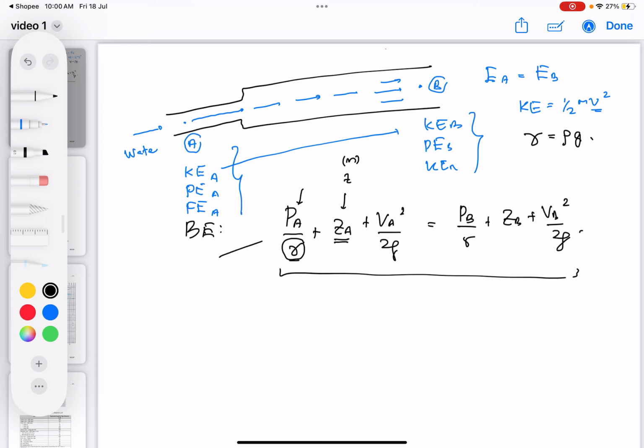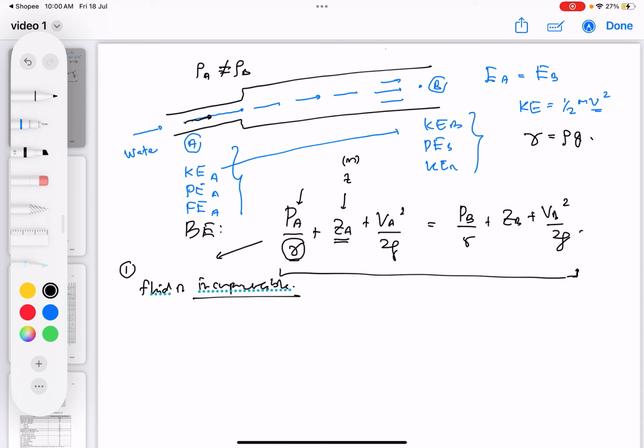Of course, even though Bernoulli's equation is widely used in industries, it still makes a lot of assumptions. One of them is that the fluid is incompressible. What does it mean? The fluid is incompressible, meaning that even though the water is traveling from point A to point B, the density won't change; the density remains constant.